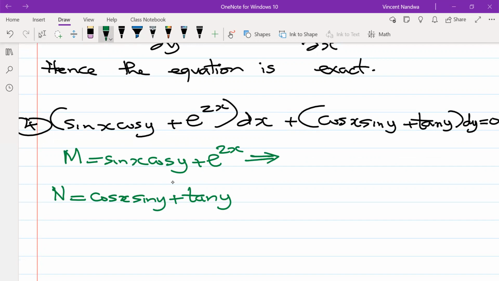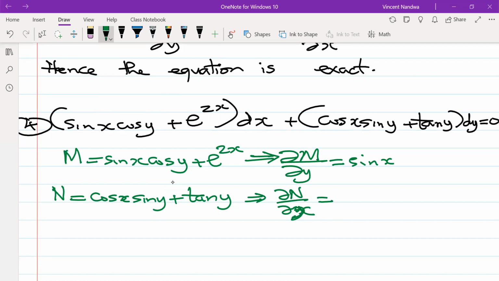So this means partial M partial y, where the first term will give us sine of x, and the second term will give us 0, so just sine of x, with a negative sign, when you define the value of partial M partial y.